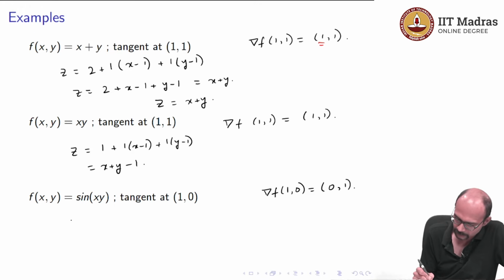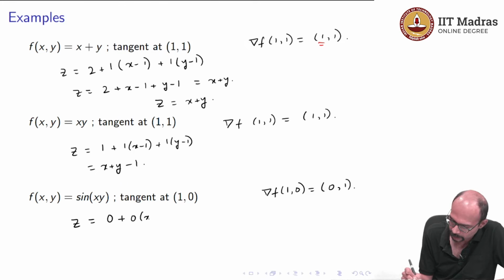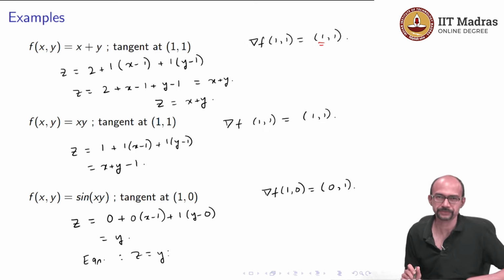And so, the equation of the tangent plane is z is equal to f of 1 comma 0, which is 0, plus 0 times x minus 1 plus 1 times y minus 0, which is just z is equal to y. So, the equation of the tangent plane is z is equal to y.